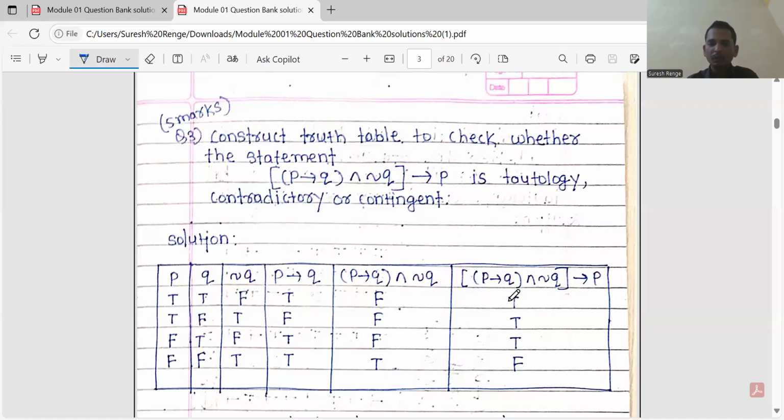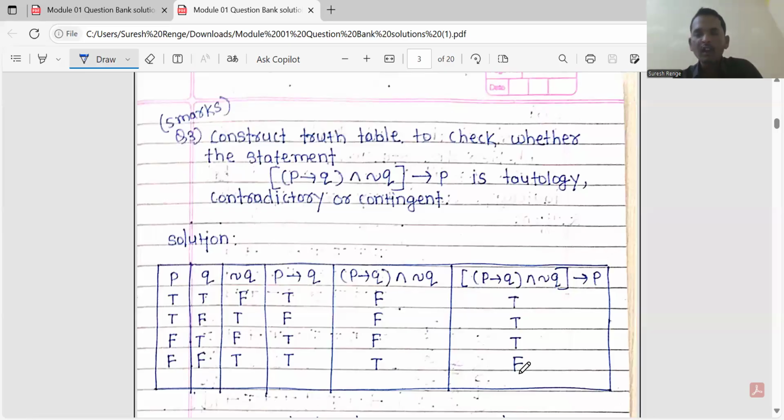In the third row, false implies false is true. In the fourth row, true implies false, where the first value is true and the second is false, gives false.